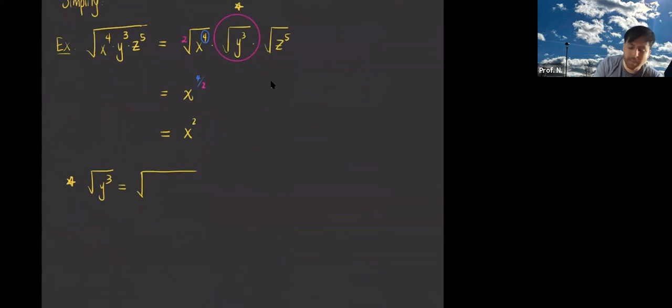And the largest one happens to be y squared. If I take this and I take the square root of that, you notice this is a perfect square because I'm raising it to the second power. This is not a perfect square.